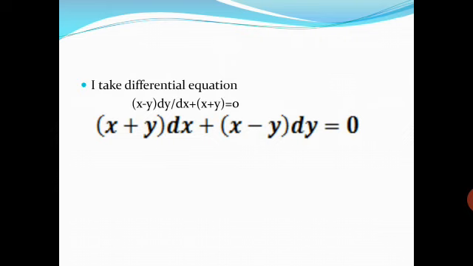Look at this. This is of the form M dx plus N dy is equal to 0. M means x plus y, N means x minus y. Now we know the problem.